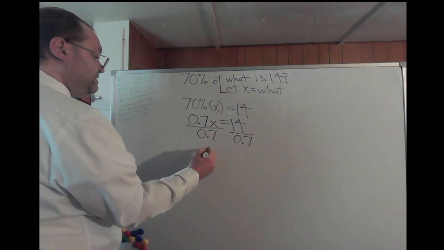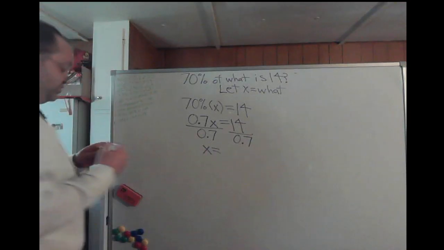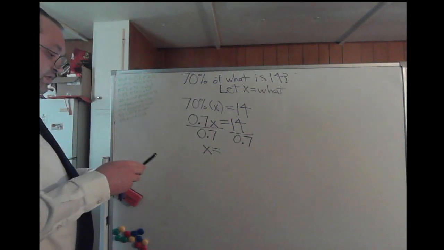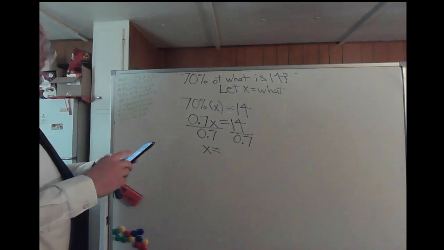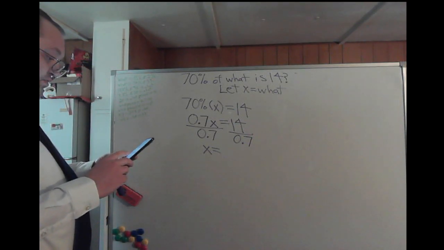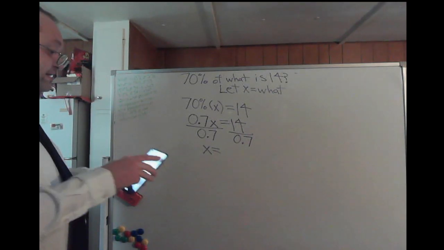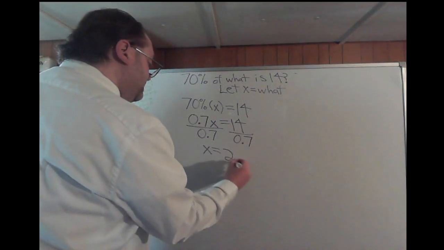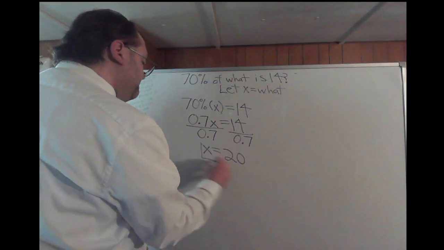We'll do that. So we'll get x by itself is equal to 14 divided by 0.7, which I am now about to figure out. I think it's going to be 20, but don't quote me. It is 20. I'll be danged. Alright, it's 20.